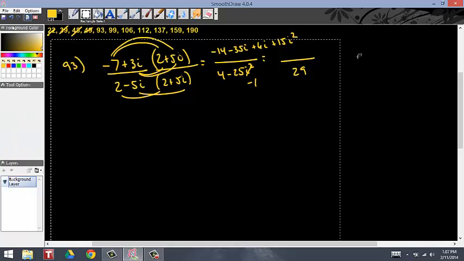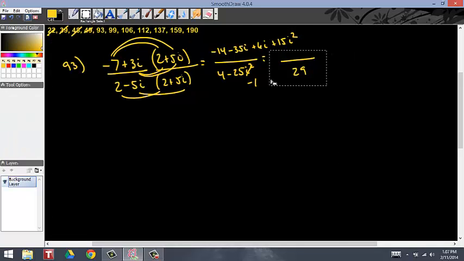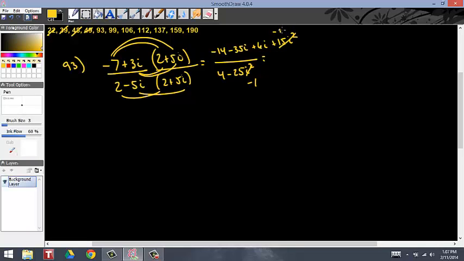I've got to get rid of some of this junk here. Okay, i squared is negative 1, so that's negative 15. So this is going to become negative 14 minus 15 is negative 29, and then that's going to be minus 29i. Kind of cool. All over, what did we say this was? This was 29? Oh wow, this is kind of cool. What's going to reduce here? All the 29s. Negative 1 minus i.